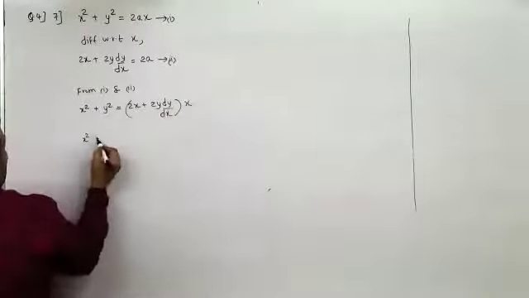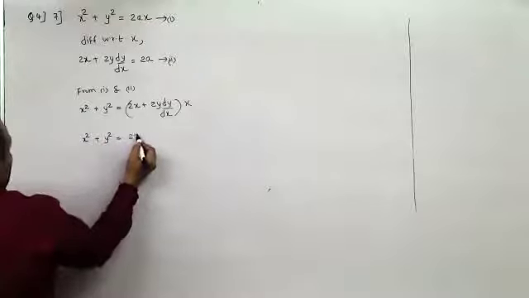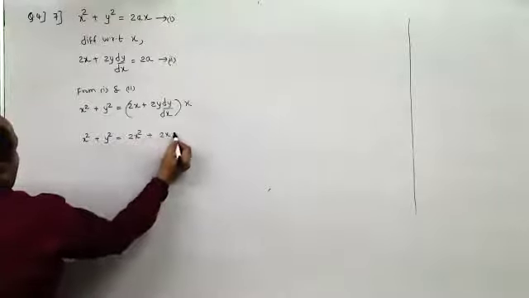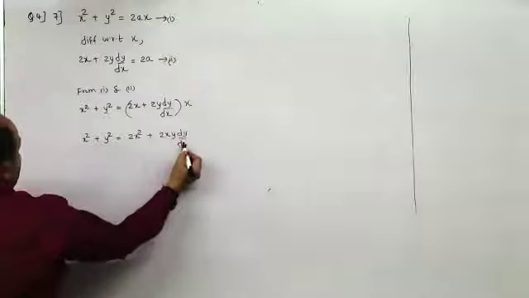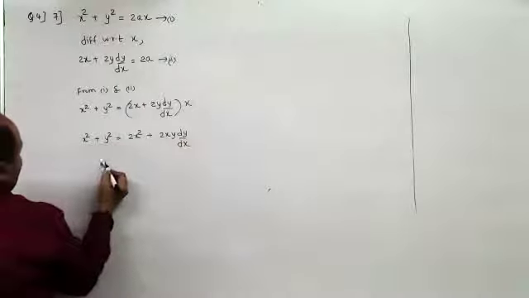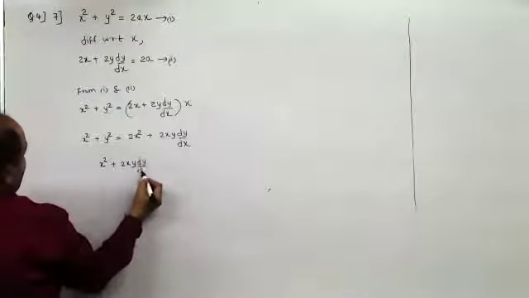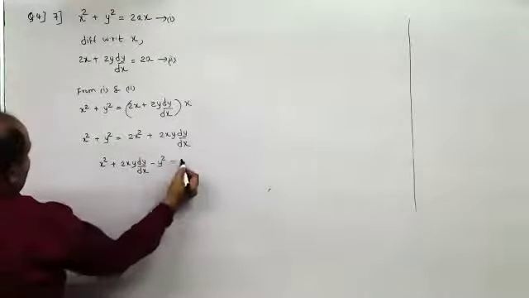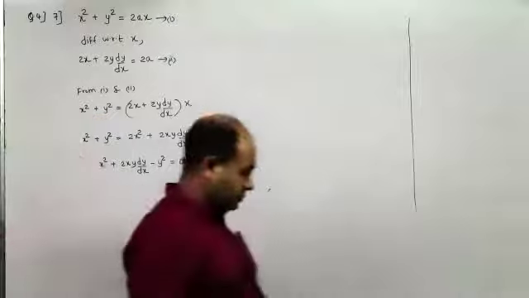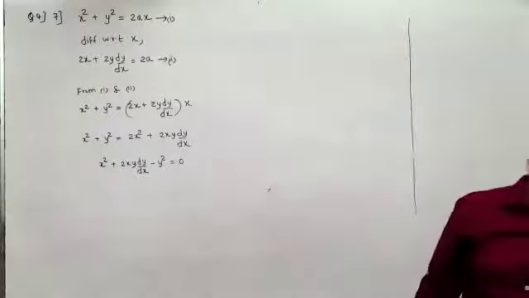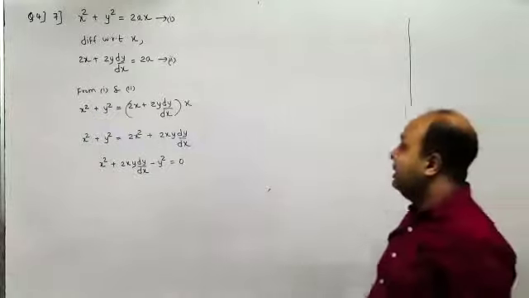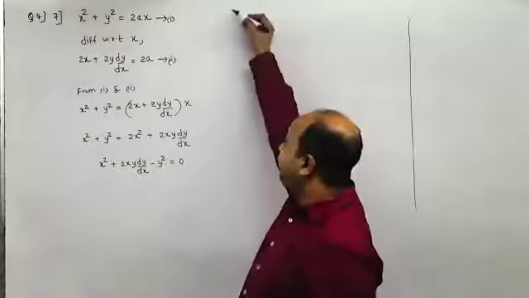So x square plus y square equal to 2x square plus 2xy dy by dx. This goes over there, it becomes x square plus 2xy dy by dx minus y square equal to 0. Can someone verify the answer?